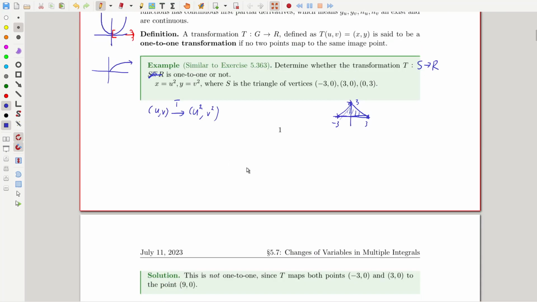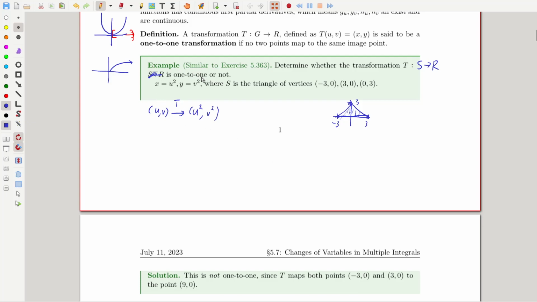It's actually always going to be harder to show 1-to-1ness. If you want to argue that a function is 1-to-1, you have to argue that all distinct points will get mapped to distinct things. So that is a harder thing to show, and I think usually you're not going to be given that.